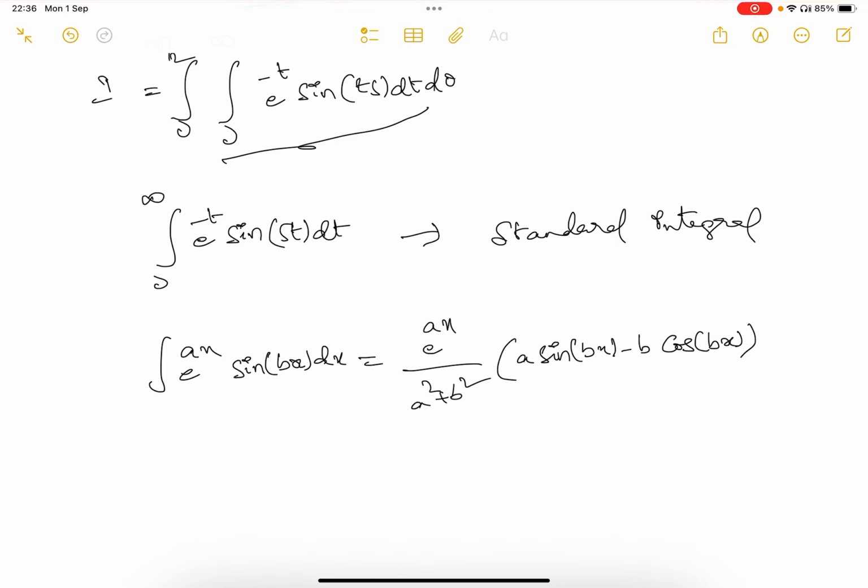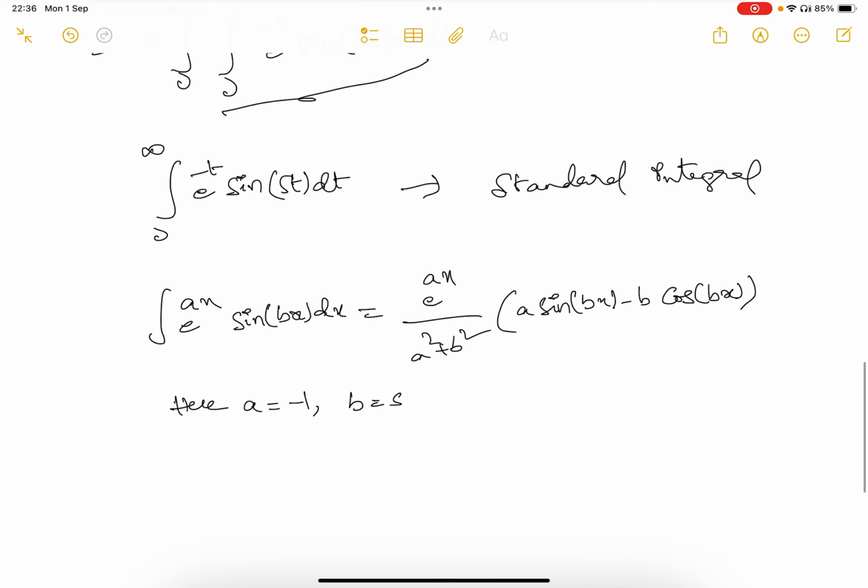If you compare with our integral, a is minus 1 and b is s.